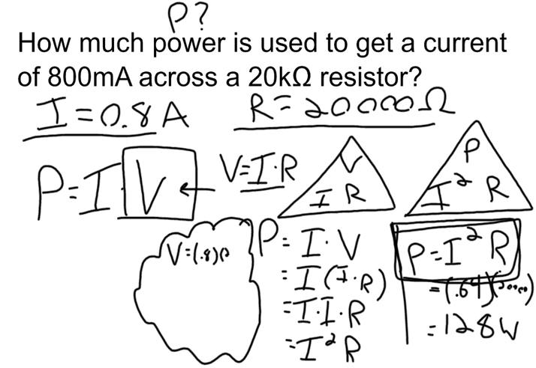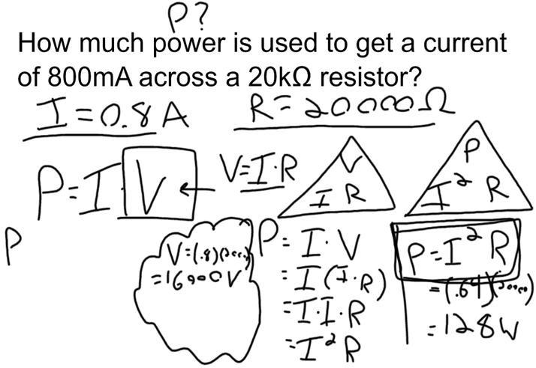R is equal to 20,000 ohms. 0.8 times 20,000 is the same as 8 times 2,000, which is the same as 16 times 1,000, if I'm doing mental math. So that's my voltage. This is a kind of crazy amount of voltage, 16,000 volts. Don't stick your tongue to that.